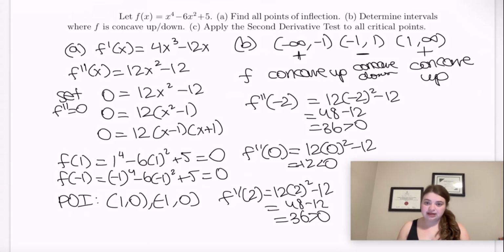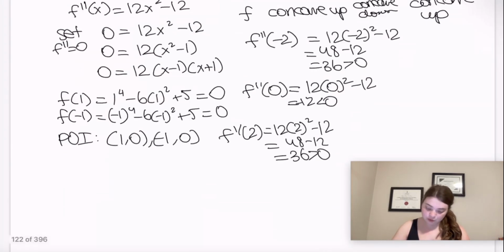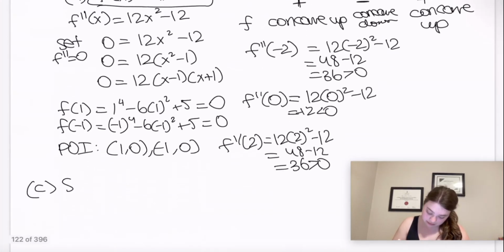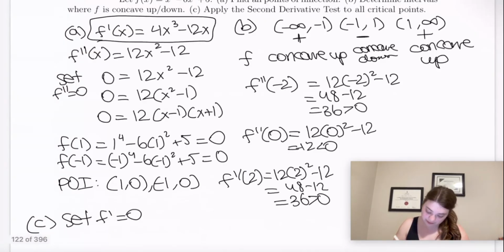So for C, first thing I'm going to do is remind ourselves that this is our first derivative, and I'm going to set that to 0, and we're going to test all the critical points. So first, in order to test them, we actually have to use the first derivative to find all the critical points. So for part C, I'm going to start by setting our first derivative equal to 0. That means 0 is equal to 4x cubed minus 12x.